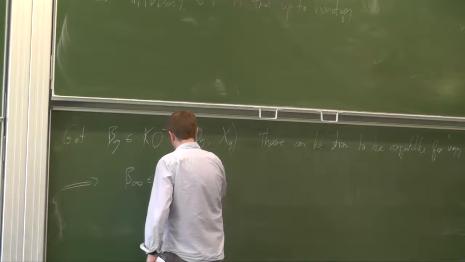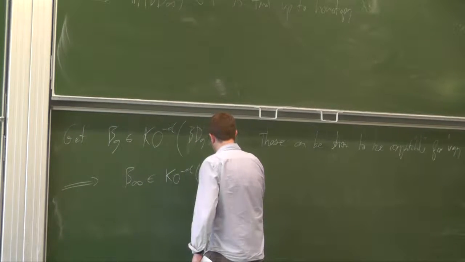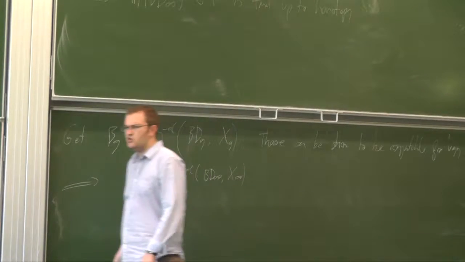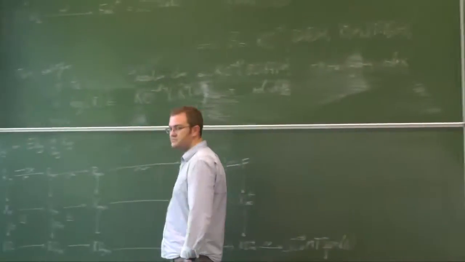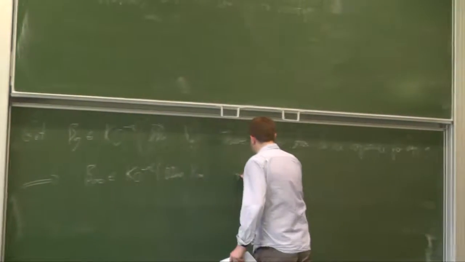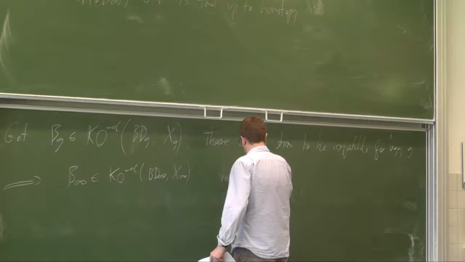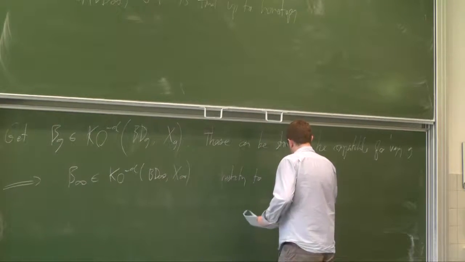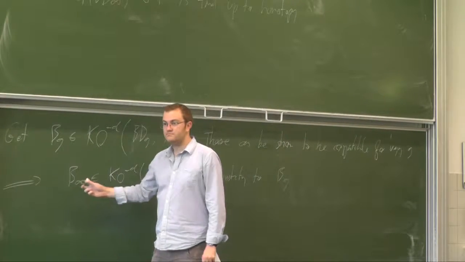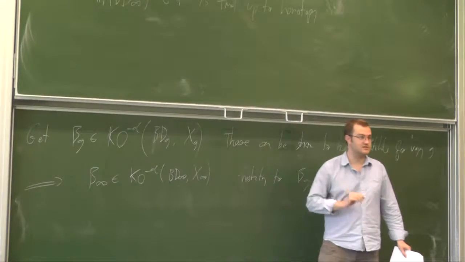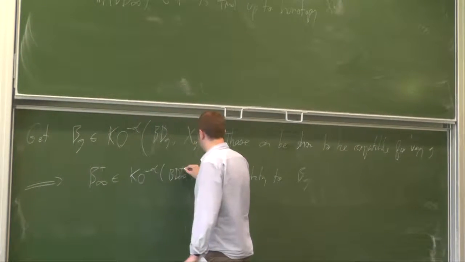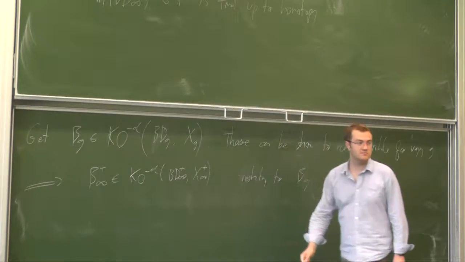But the result is that one gets a beta infinity in KO minus D of B infinity times X infinity. Not perhaps canonically, because of some lim1 unpleasantness, but you certainly do get a class that restricts to beta G. Because the plus construction doesn't change generalized cohomology, I also get a class in here, formally.